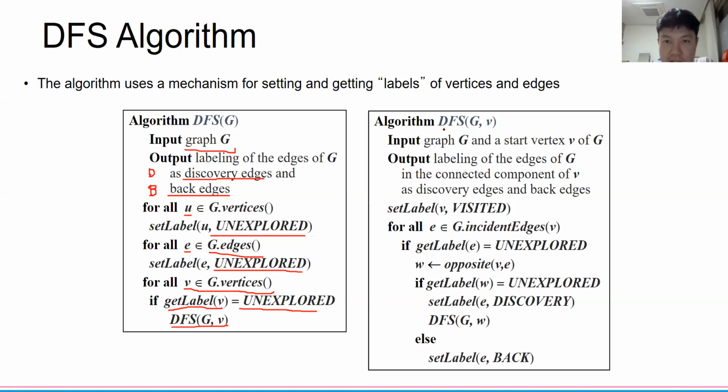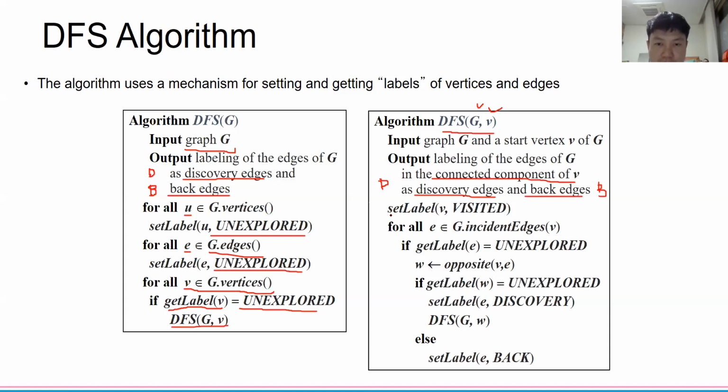In this DFS we have G and V, where G is a graph and V is the vertex. The output will be the labeling of the graph in the connected component of V as discovery edges and back edges. I will call this one T and this one P.